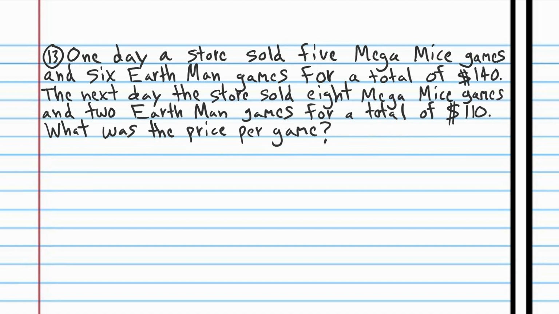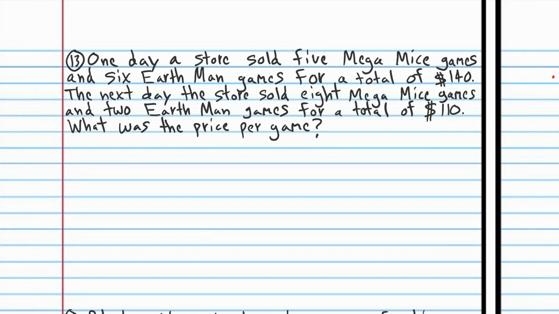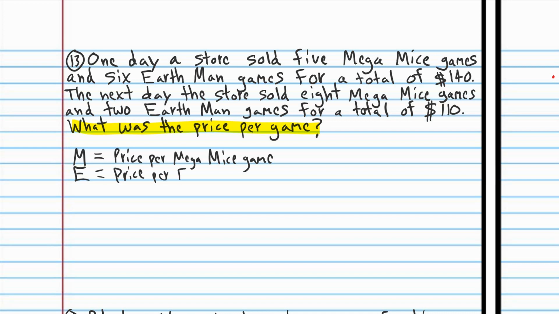All right, we're back. What was the price per game? We'll let the Mega Mice game be M. That's the price per Mega Mice game. And E will be the price per Earthman game.